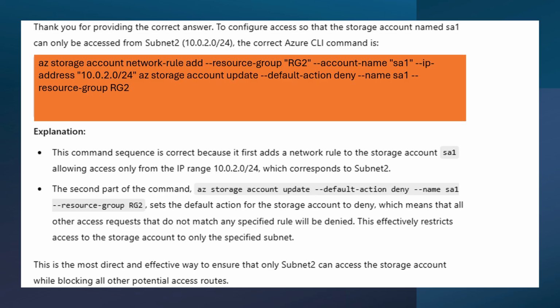This effectively restricts access to the storage account to only the specified subnet. This is the most direct and effective way to ensure that only subnet 2 can access the storage account while blocking all other potential access rules.